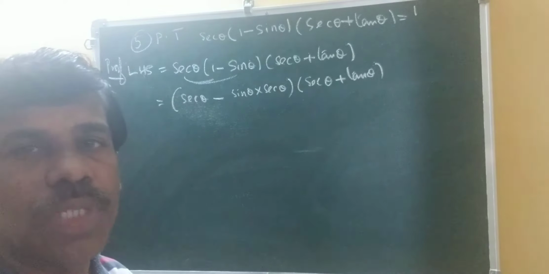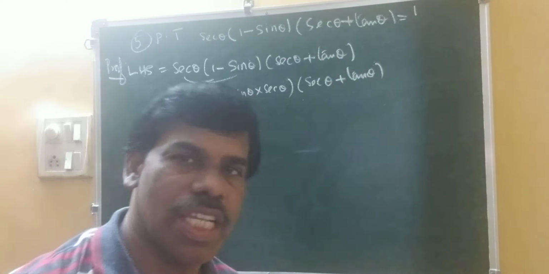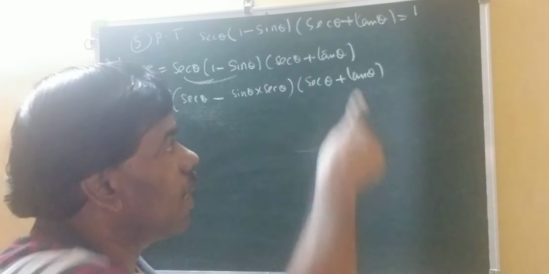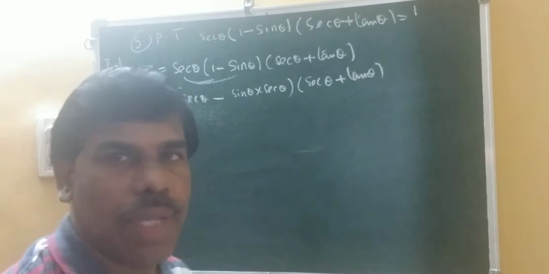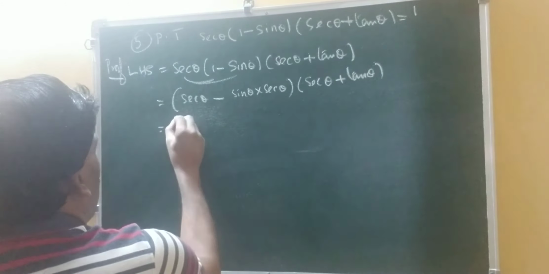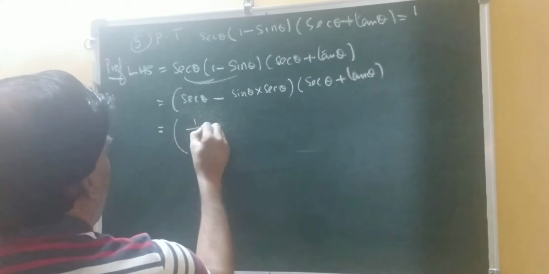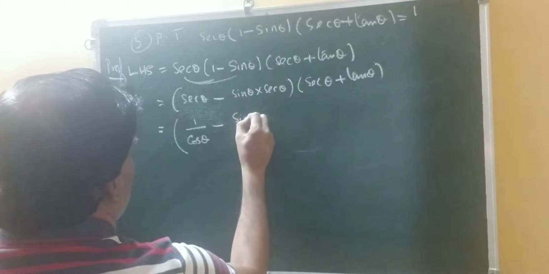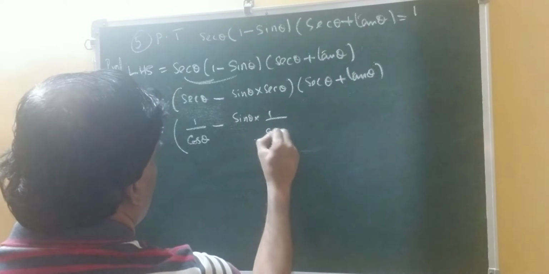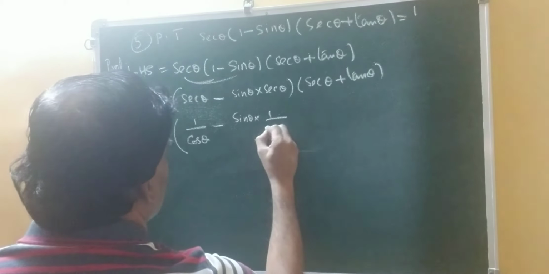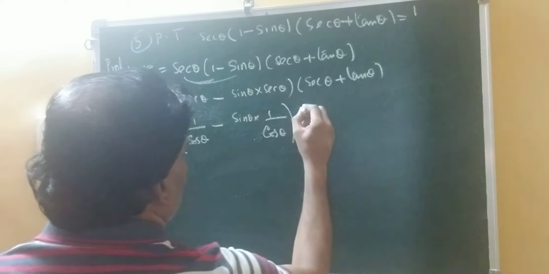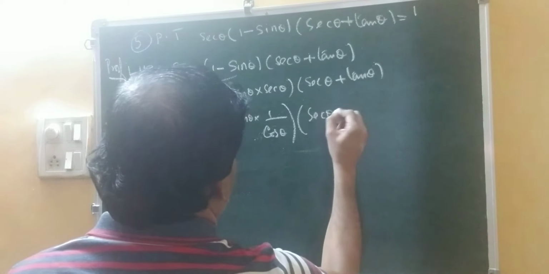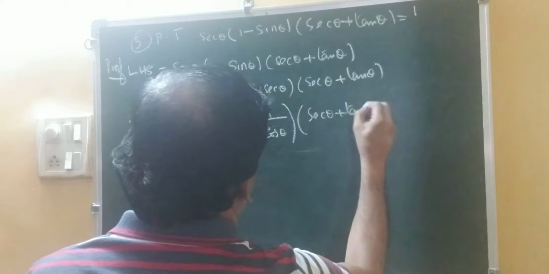Here in this type of sums, you have to make some adjustment. Seeing that answer, then you will get it. Okay. Now for example, what is sec theta? 1 upon cos theta minus sin theta into what is sec theta? 1 upon cos theta into sec theta plus tan theta.